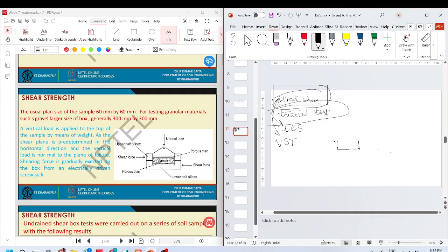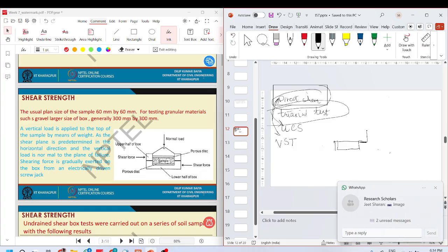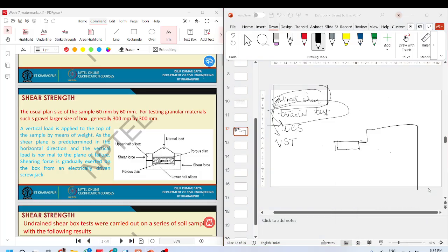We have a box which is clamped, and then a loading hanger, something like this, and we apply some weights here, and this produces some displacement in this direction.